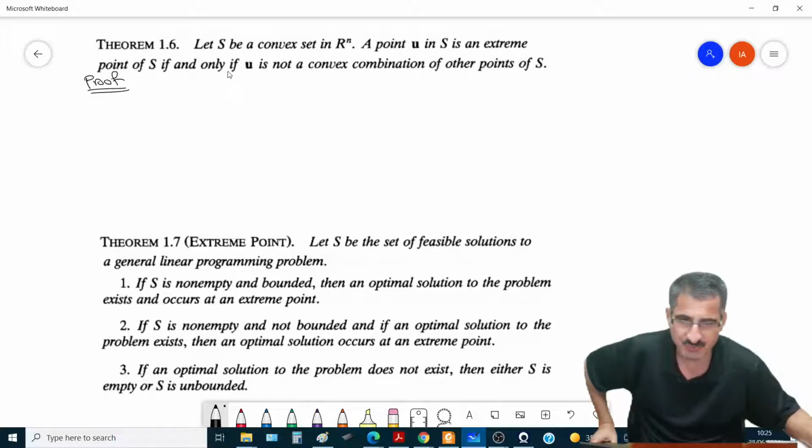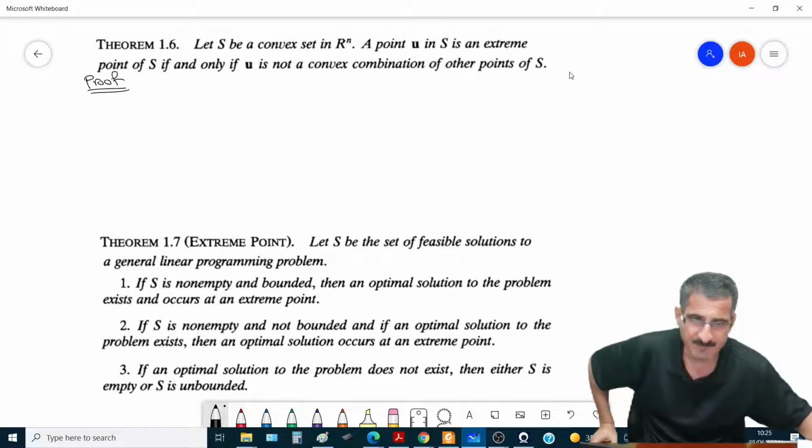It asks us to show that U is extreme. Let me write the theorem here.